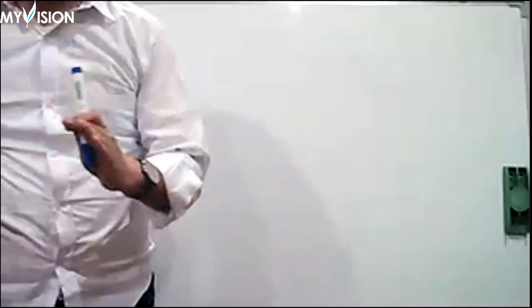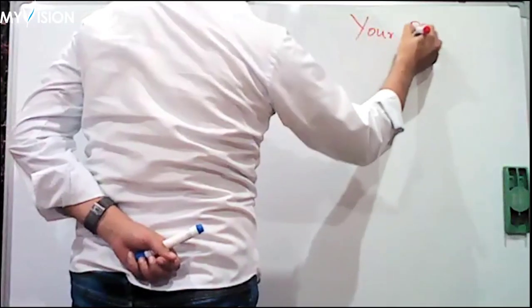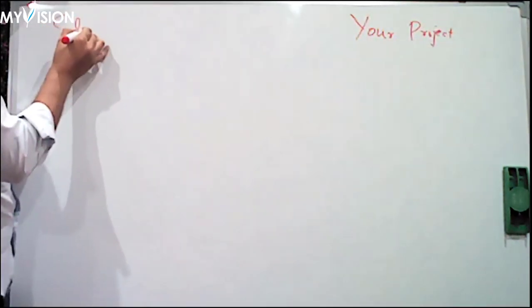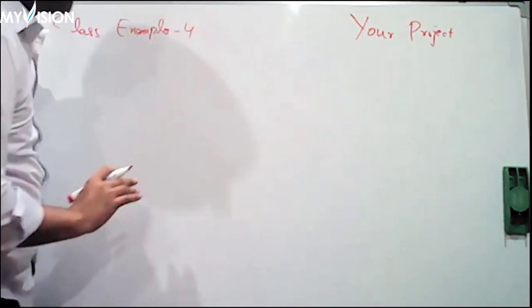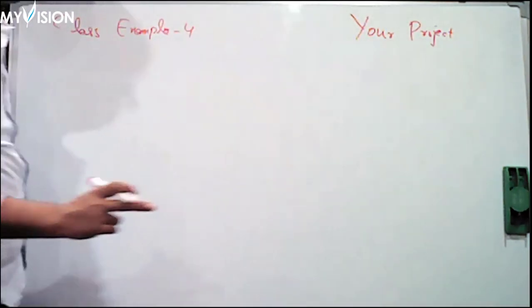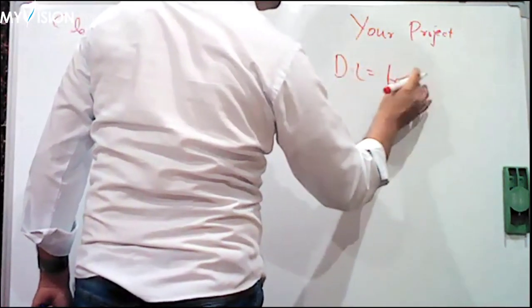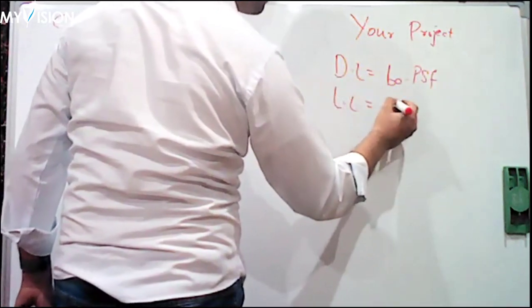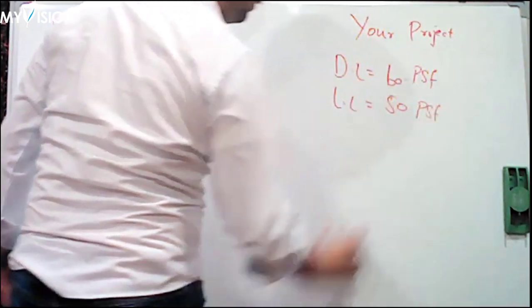Listen, let me compare two projects. This is your project, and this is class example number 4, the example which I am solving here. In your project, the dead load is 60 PSF and the live load is 50 PSF.